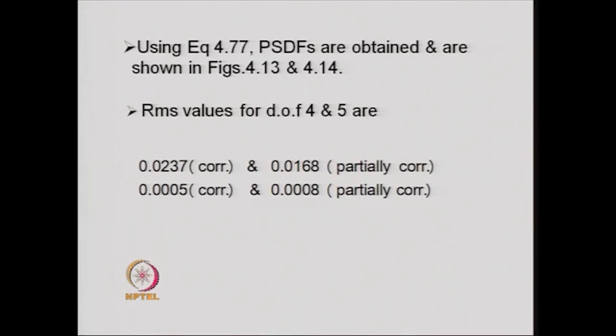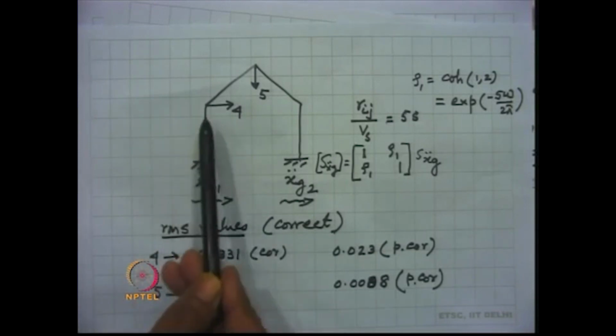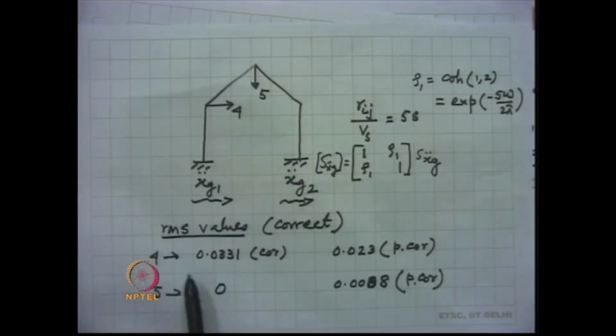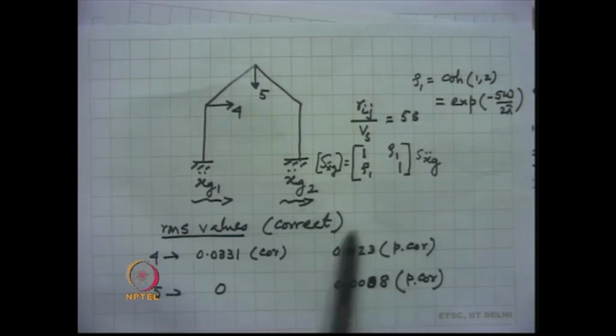The RMS value that was worked out for this displacement was 0.0331 when it was fully correlated, that is there was no time lag between these 2 points, and when they were partially correlated, that is there was a time lag between the two, the RMS value of the response was 0.023.